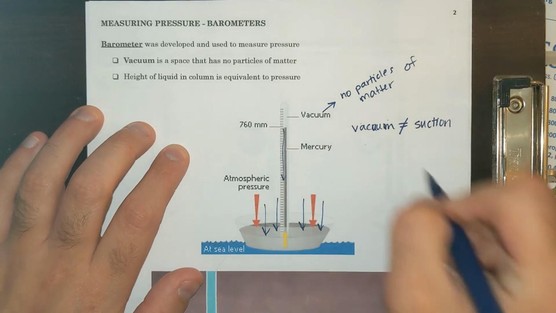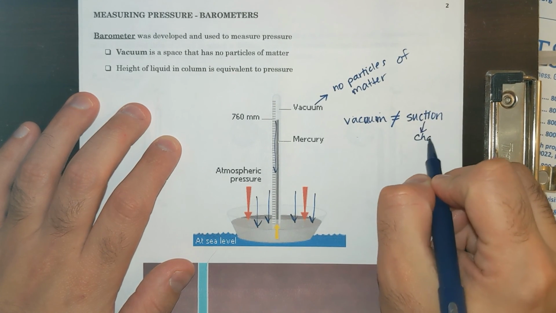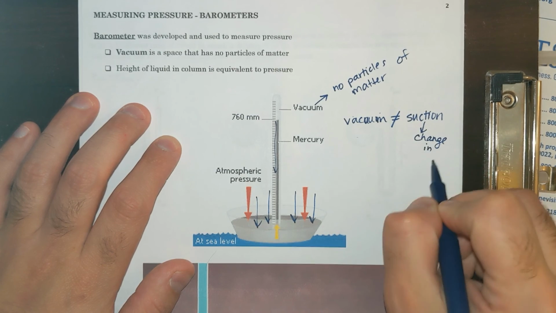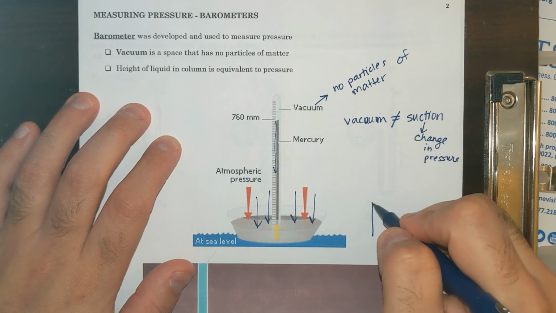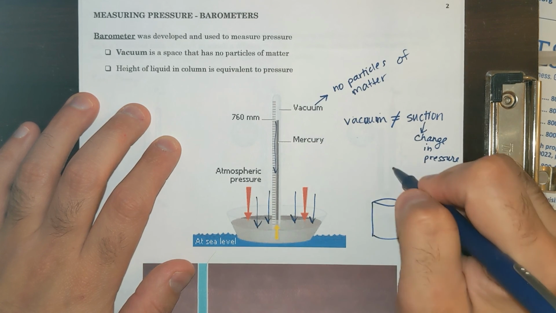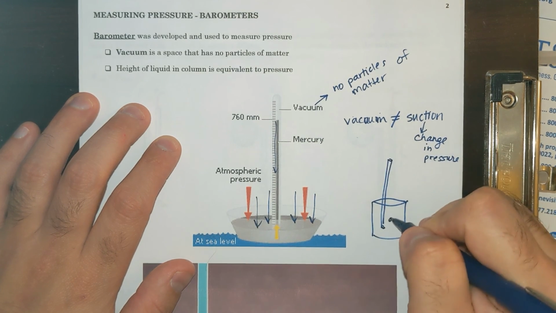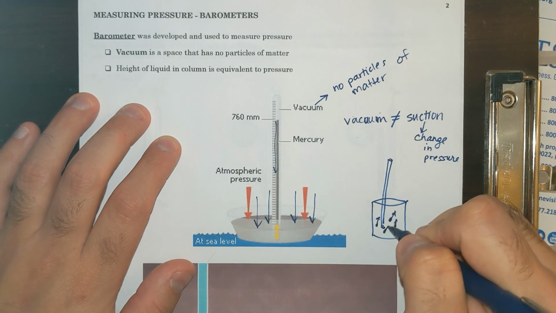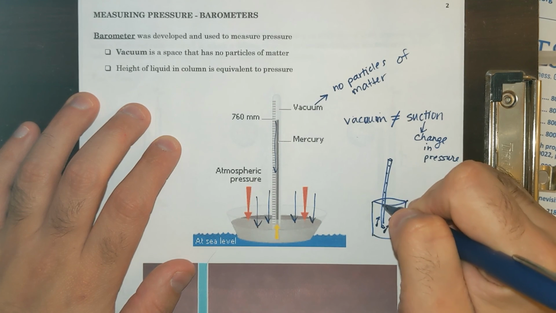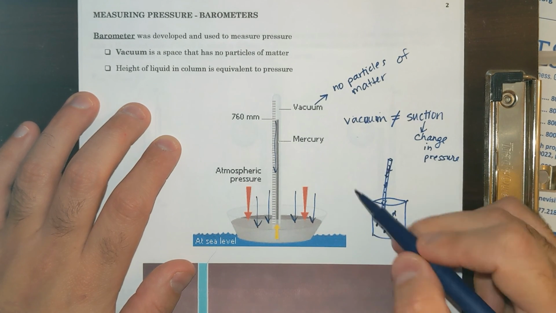The only reason why you have suction in a vacuum is because of a change in pressure. A side note, and we did this in class: if I have a straw and there's particles of liquid moving in here, also in the straw are particles of air that's moving down.